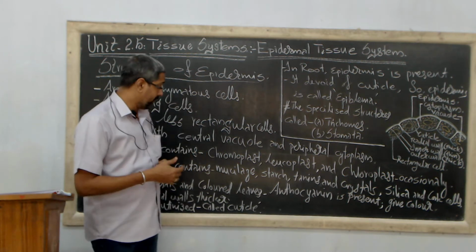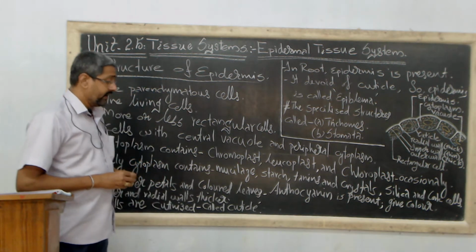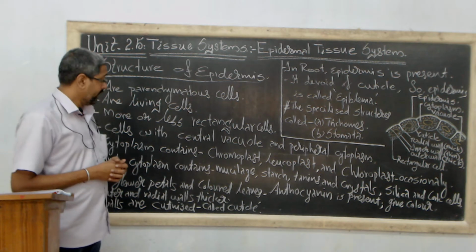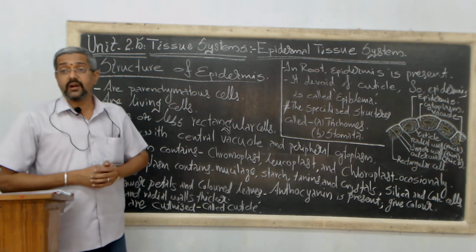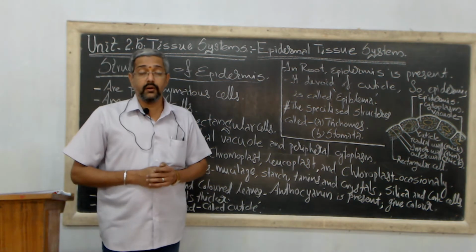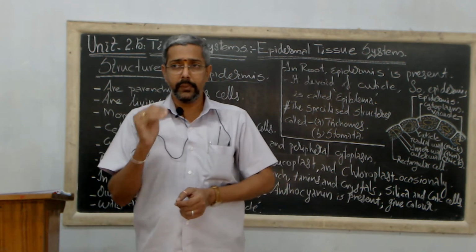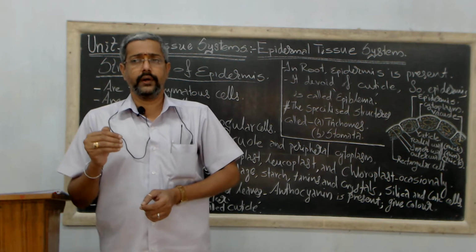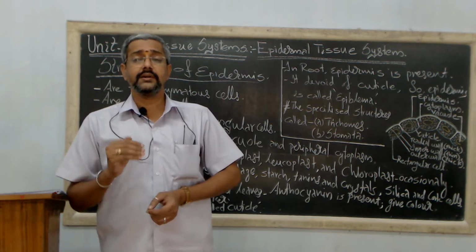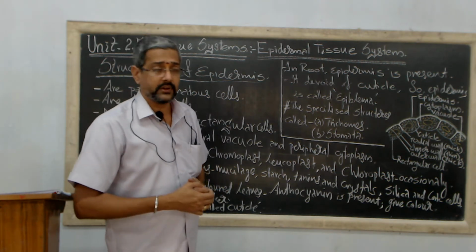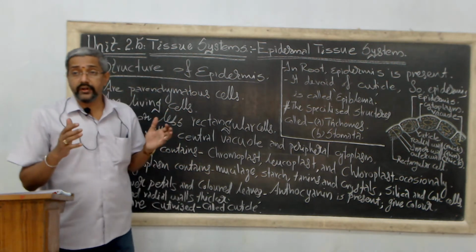In addition to that, there are some depositions. Those materials are not required for the growth and development of the epidermal cell, but are substances stored inside the epidermal cells in the outer region.